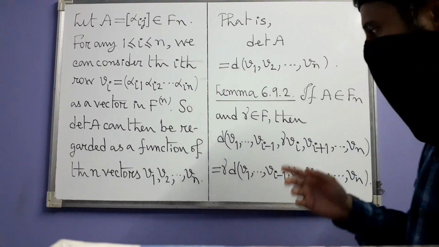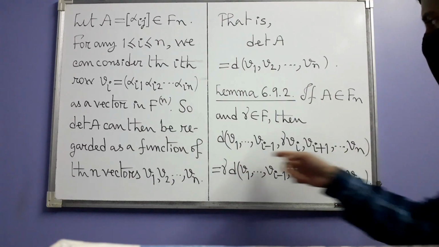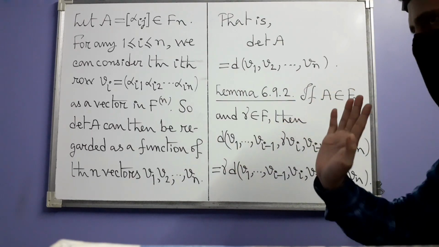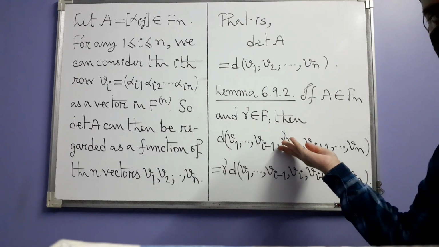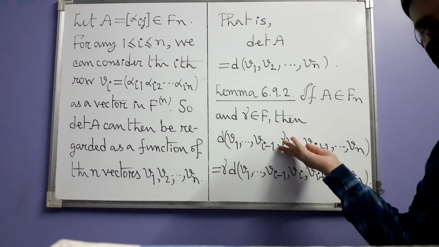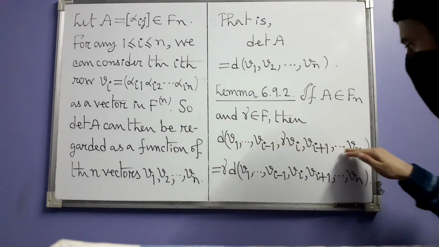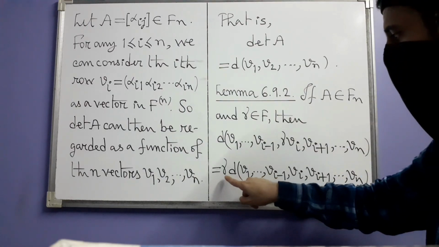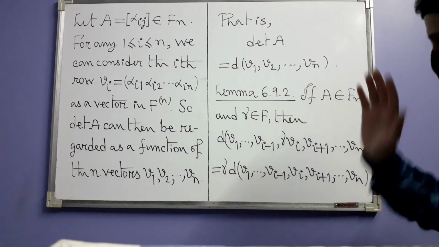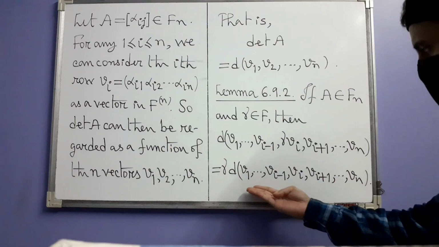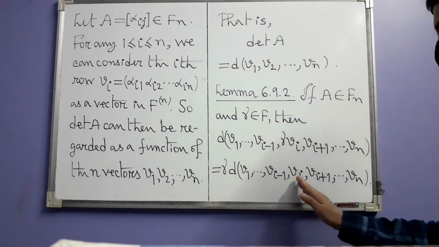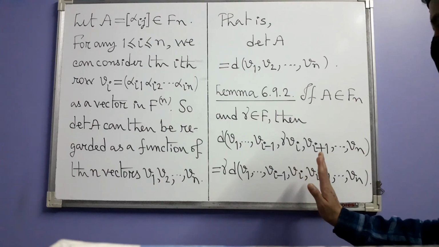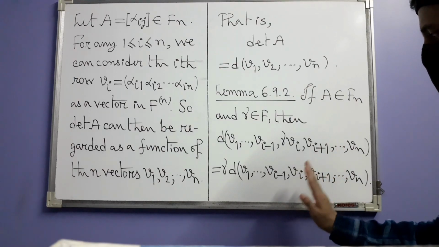If so, then the determinant of this new matrix, which is not A but has been obtained from A by multiplying the ith row by gamma, is equal to gamma times the determinant of A, because here all the rows are the rows of A, V1, V2. You see that the ith row now is no longer gamma times Vi, it is just simply Vi.